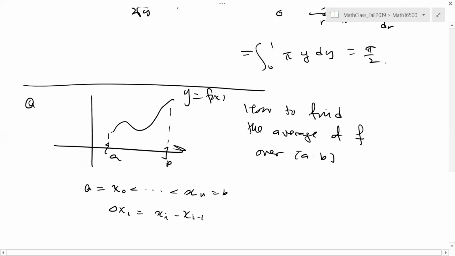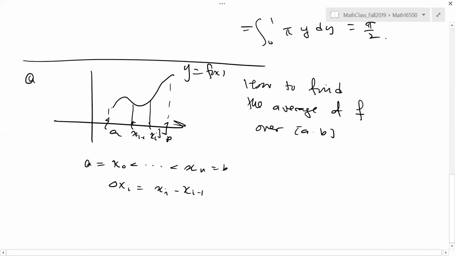Over that small interval, the function is almost the same. The whole graph may go up and down, but if you shrink the interval to a very small one, the function is almost constant. So all you have to do is look at the values at those numbers.